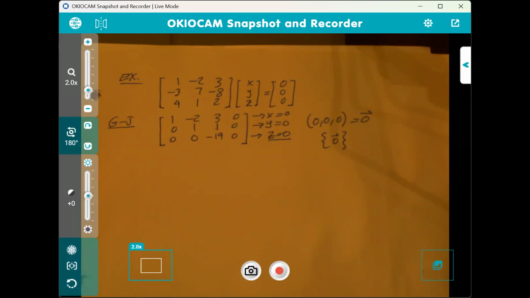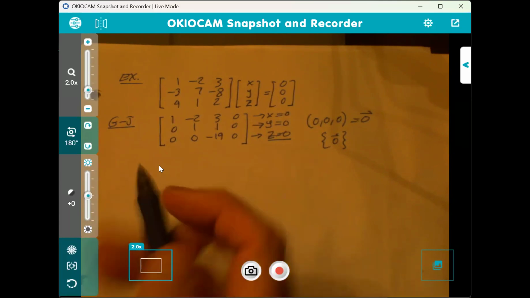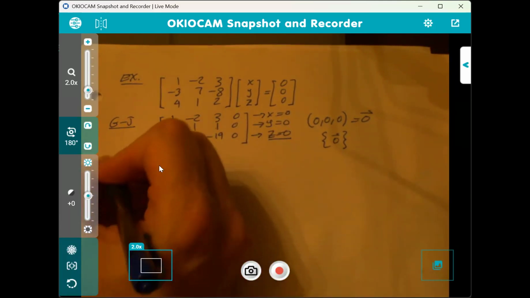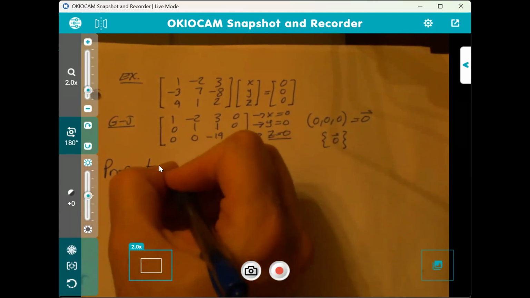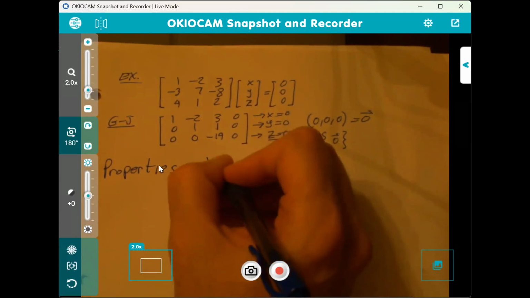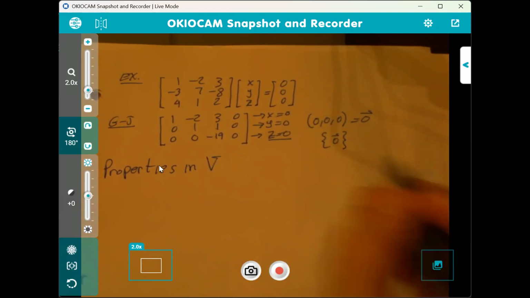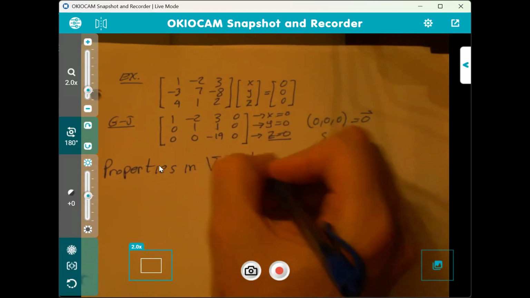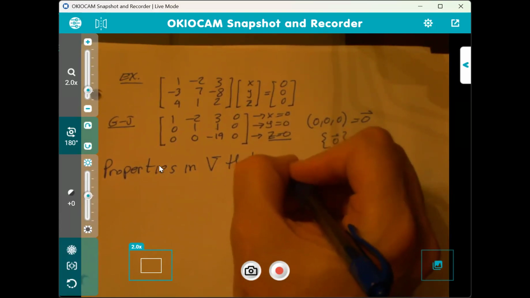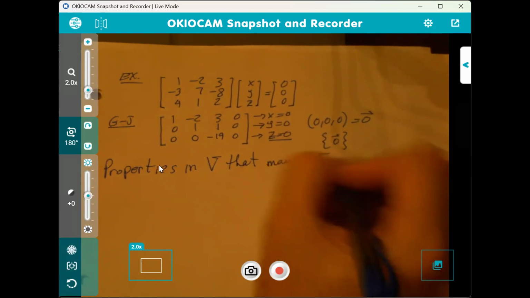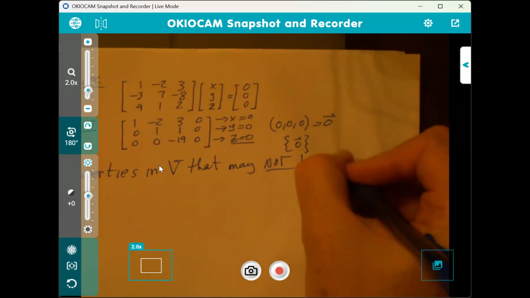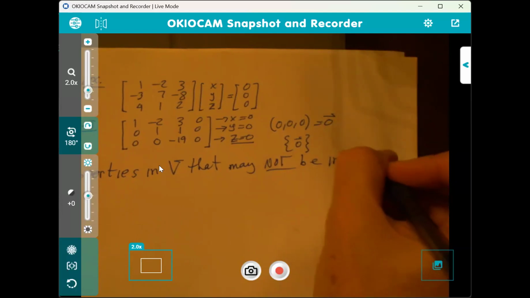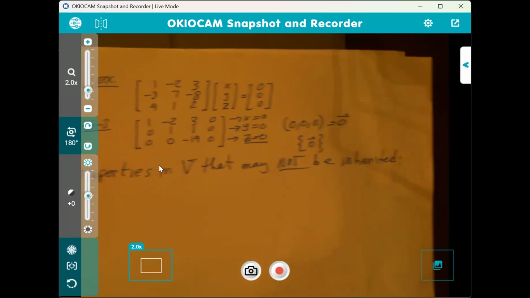Now, let me mention for that 5 minutes, this is worthwhile, folks. So I'm just going to write here, because we talked about inheritance, right? So we're looking at properties in V, and this is not an exhaustive list I'm writing, okay? These may not be inherited. Remember, those 8 axioms are inherited.